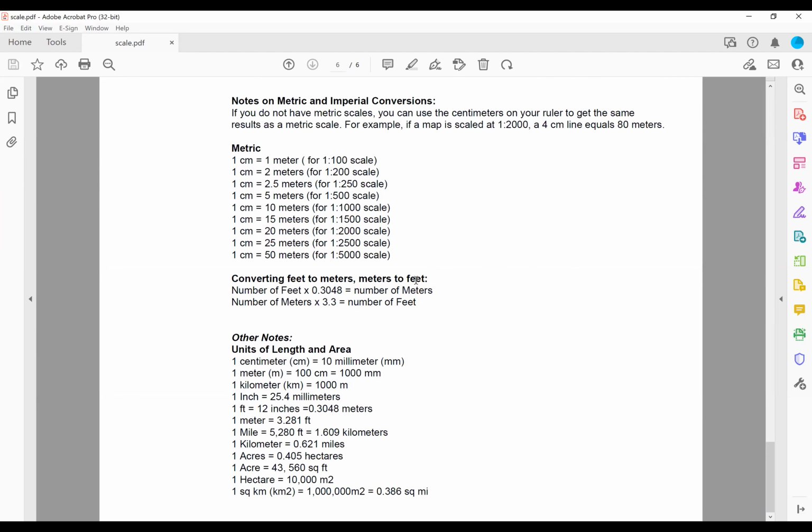I have a little formula here in the center where it says converting feet to meters and meters to feet, just in case you find a plan that needs to be converted. That's the first step you would want to do. These are just some quick notes on metric and imperial conversions. This is up on CourseLink, and I would ask you to go back and take a look at it.